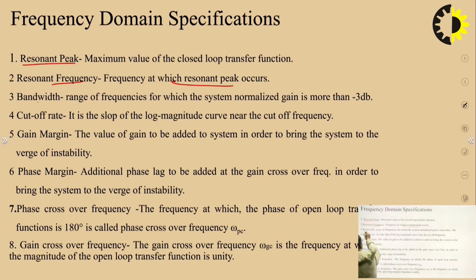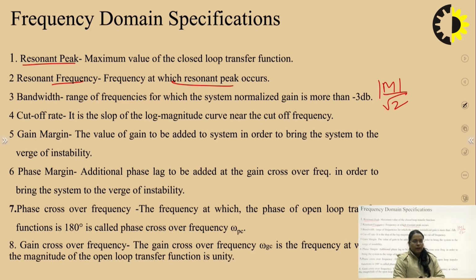Now another is the bandwidth. Bandwidth is the range of frequency over which the magnitude of the closed loop control system is greater than or equal to 1 by root 2, or you can say that the normalized gain is greater than minus 3 decibels.